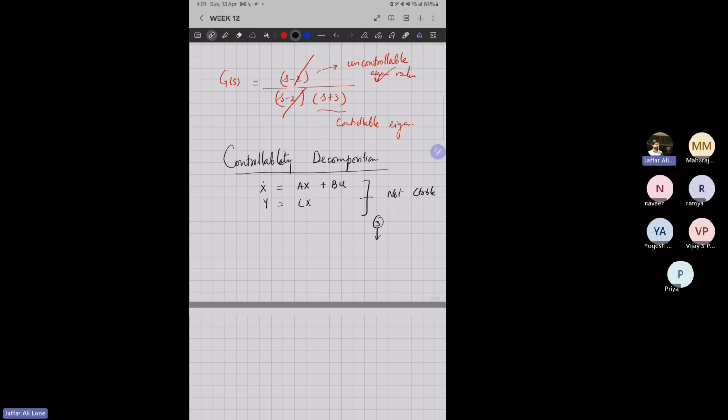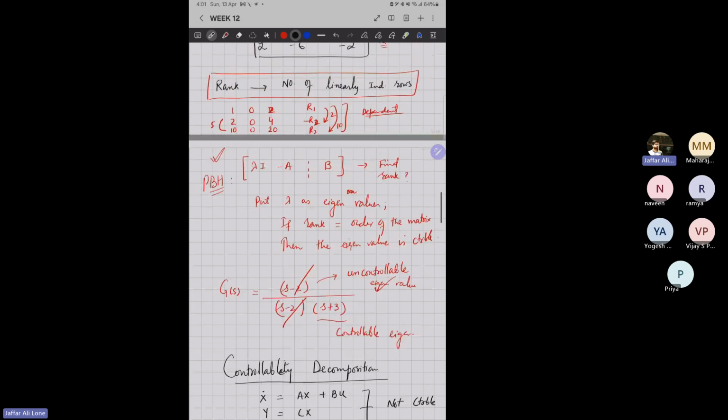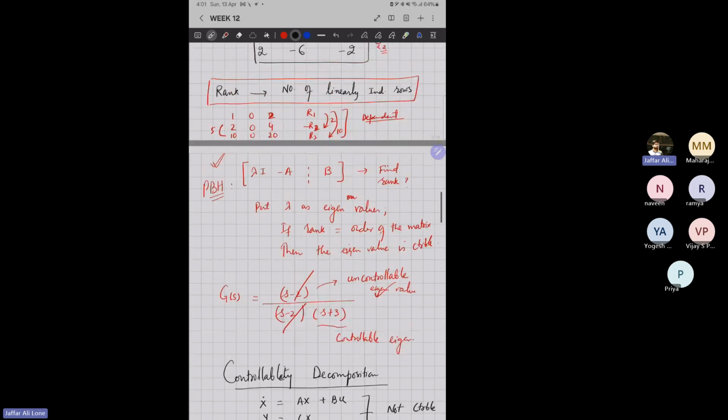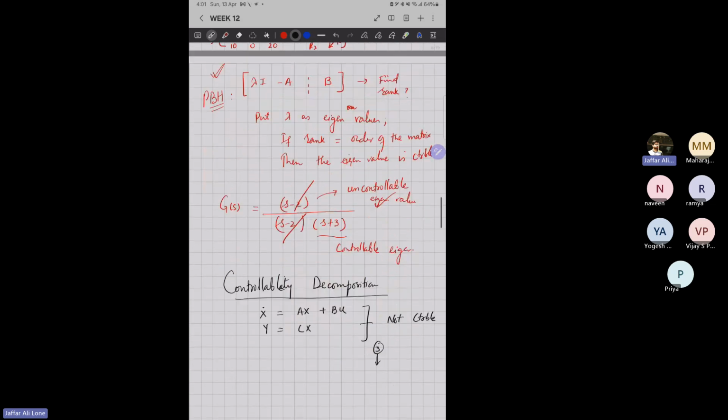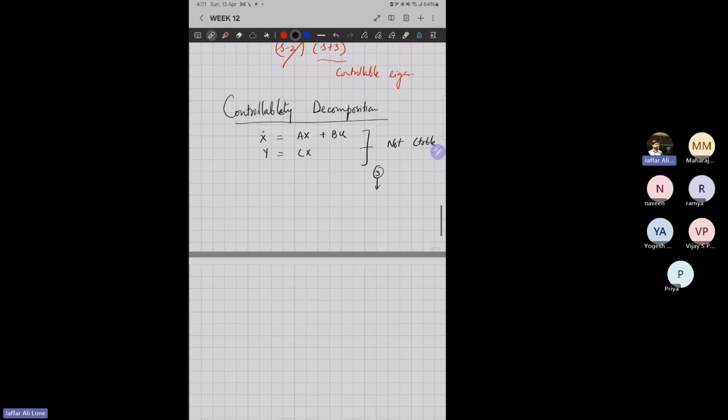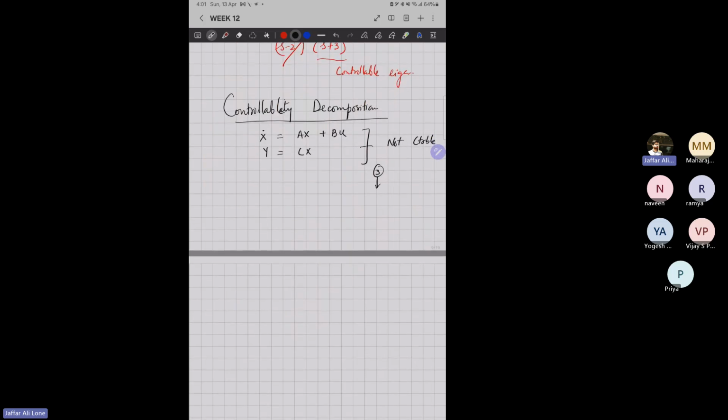Or if there are four states, let's assume two are controllable and two are not. As we saw here, one eigenvalue was controllable and the other one was not. So some states can be controllable, and some states cannot be controllable.